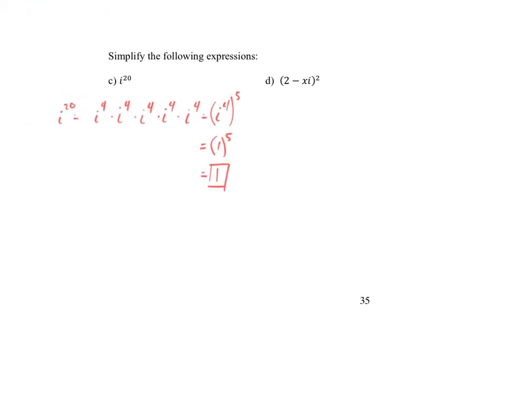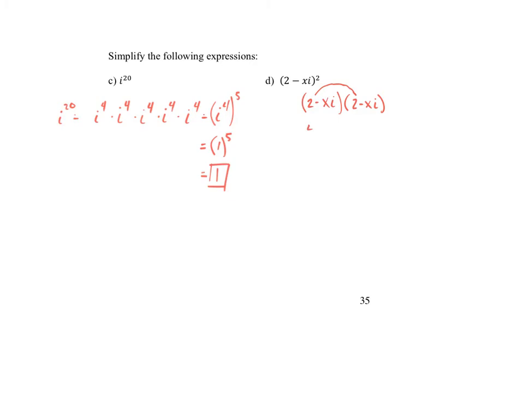And now for D. D is saying to simplify this expression, which is a complex number that's being squared. Anytime I'm squaring something that looks like a factor, I'm going to want to expand it first. So 2 minus xi squared is the same as 2 minus xi times 2 minus xi. And in order to do this, I have to FOIL.